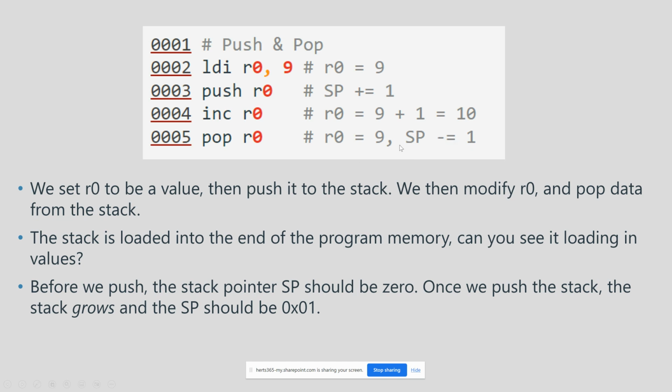We normally write it that way just to make it easier and faster for the developer. It's the same as in Java, where we sometimes use this abbreviation to get things done faster. Just to avoid confusion: here SP equals SP plus 1, and here SP equals SP minus 1. So whatever is in SP, here we add 1 to it, and here we subtract 1 from it.